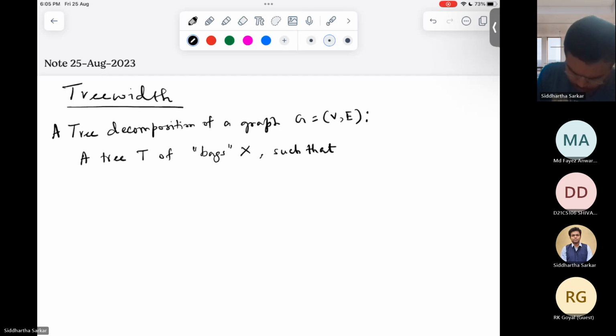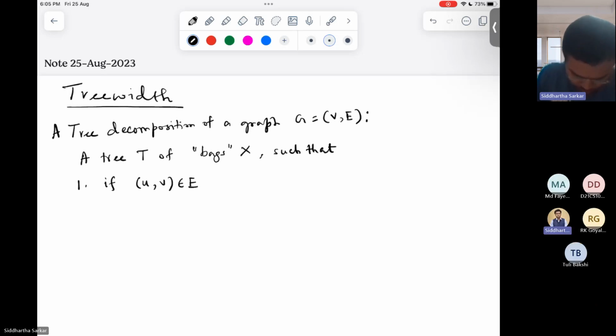First, if UV is an edge in the given graph, then U and V are together in some bag.